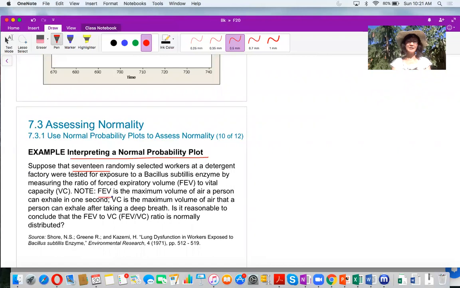So FEV is the maximum volume of air a person can exhale in 1 second. VC is the maximum volume of air that a person can exhale after taking a deep breath. Is it reasonable to conclude that this FEV to VC ratio is normally distributed? That is the question.